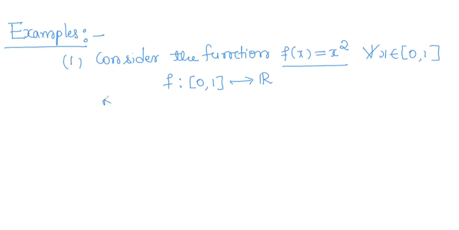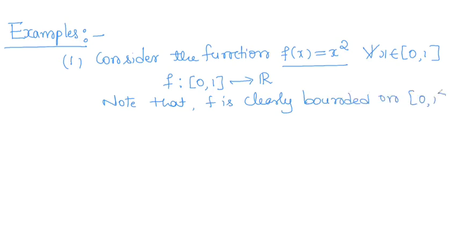So note that f is clearly bounded on the closed interval 0, 1, because as x varies over this domain, f of x values vary from 0 to 1. You know that, right?